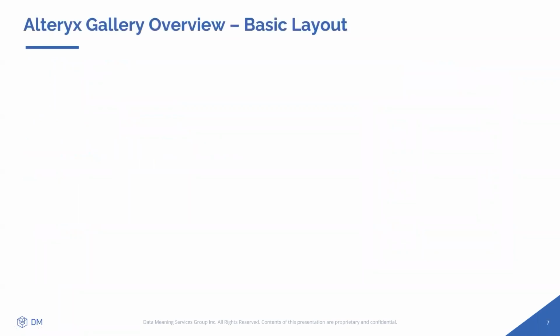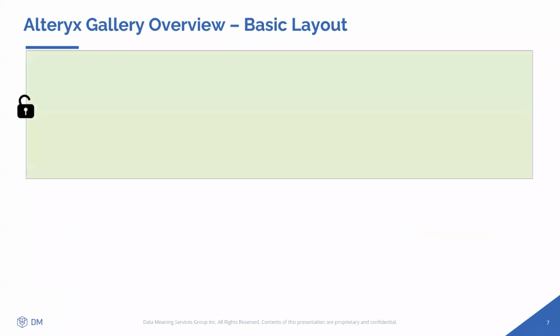So first, let's understand the basic layout. When you think about the Gallery, you have 2 different segments there. So you have a public component there. The public component is for all the users that have access to your Gallery.